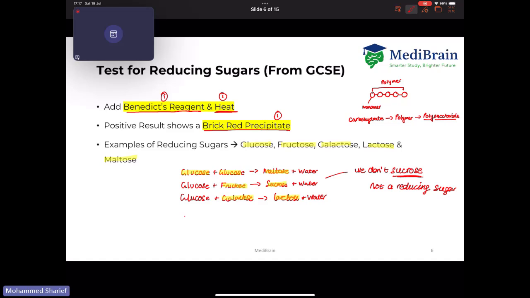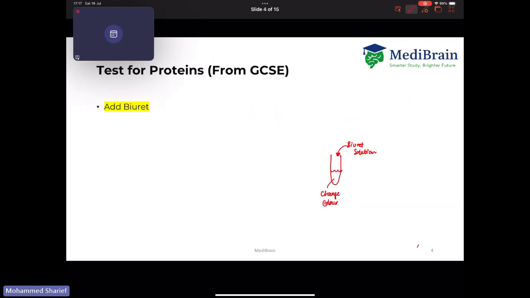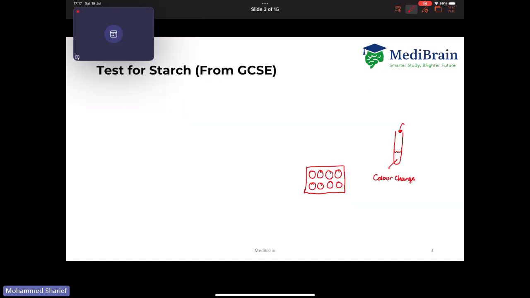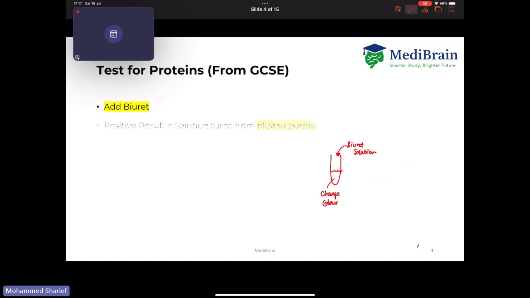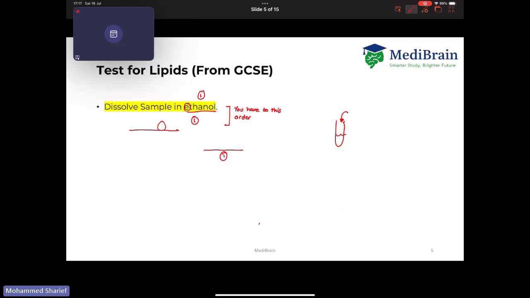Before we move on to the new A-level content, which is just another process that you need to be familiar with, what you need to know is what we've all looked at and be confident with that. First of all, test for starch: iodine, orange to blue-black. Proteins: add Biuret, blue to purple for a positive result.